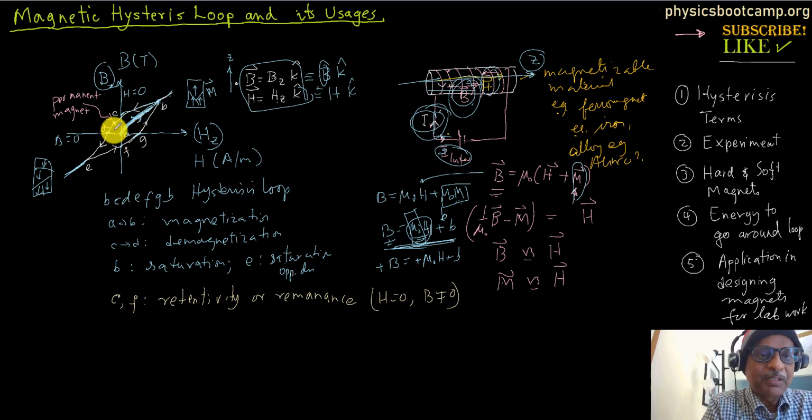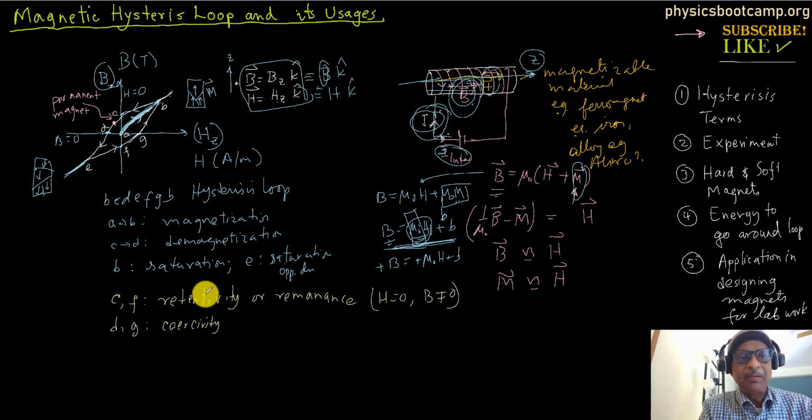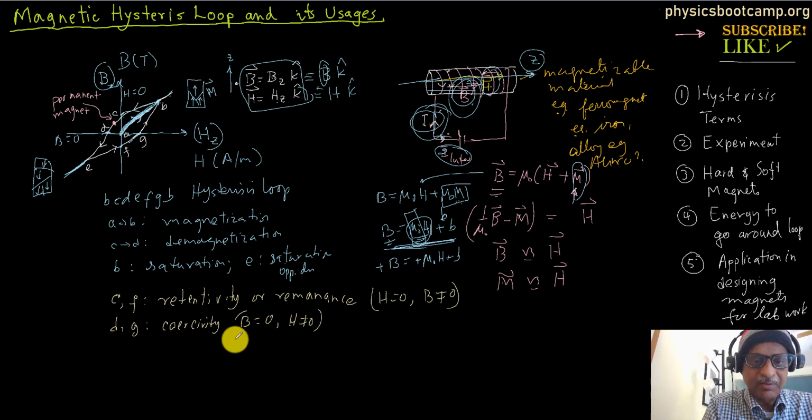And if you look at D and G, kind of a similar thing, this is called coercivity. B is 0, but H is not 0.